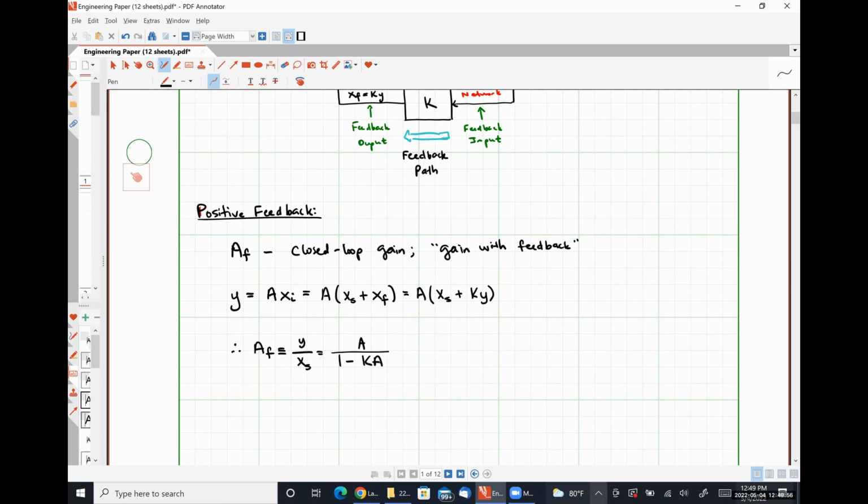So from here, it's pretty easy to see that A will always be larger than 1 minus KA, right? So 1 minus KA is serving to make the overall system gain larger. Okay.